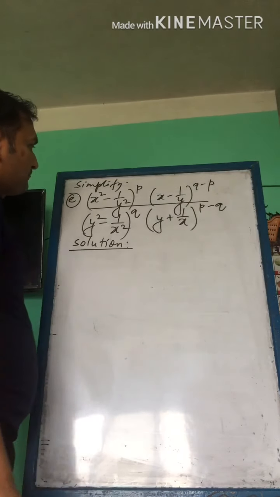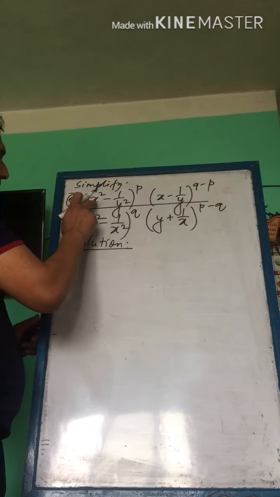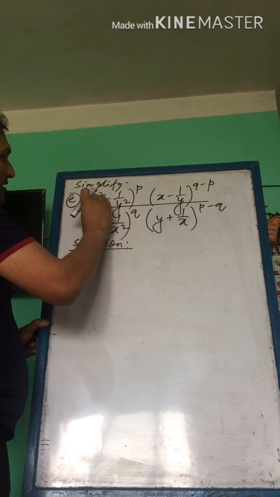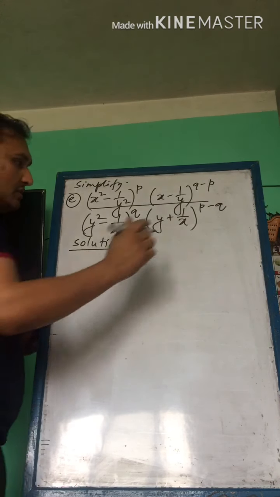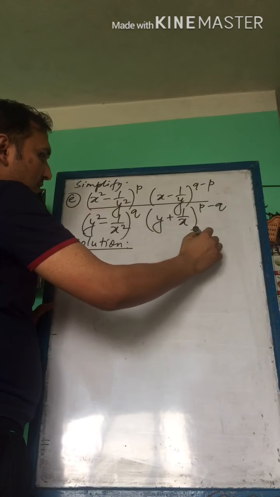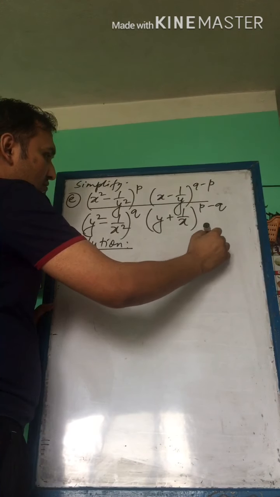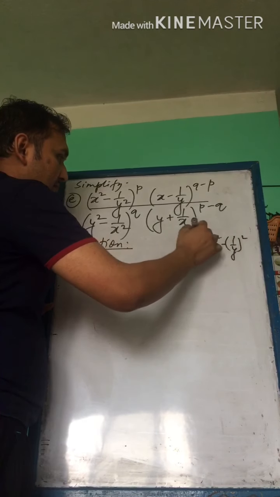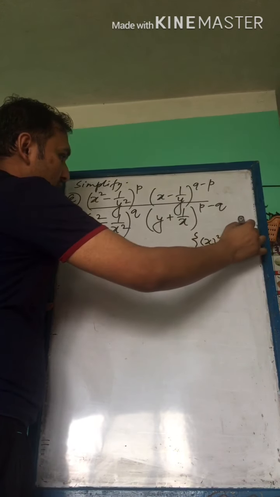Now look at this numerator part. It is in the form of a square minus b square. This numerator part can be written like this: x whole square minus 1 upon y whole square. The whole square is already there.